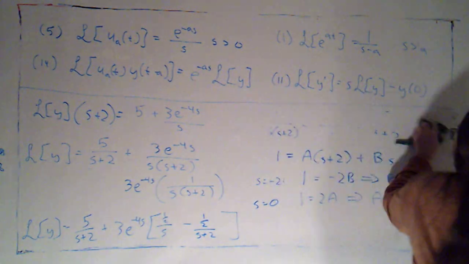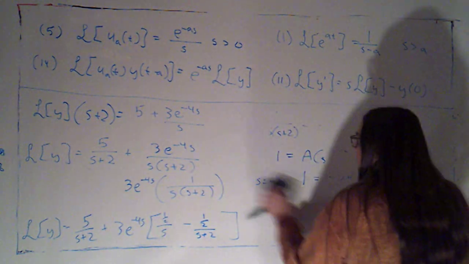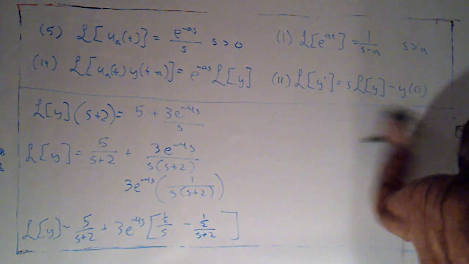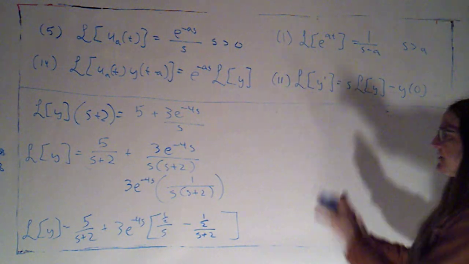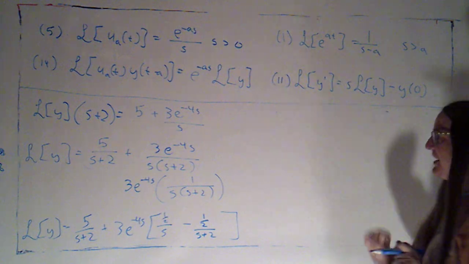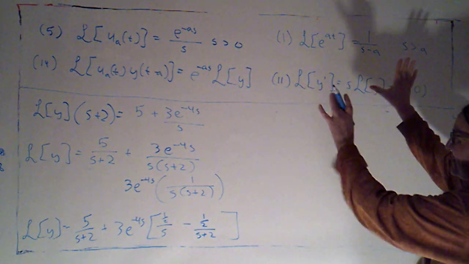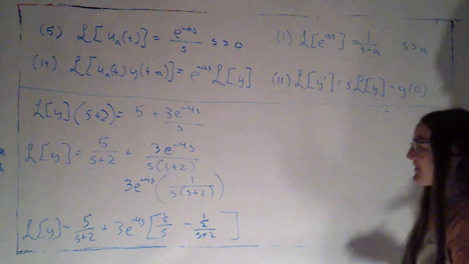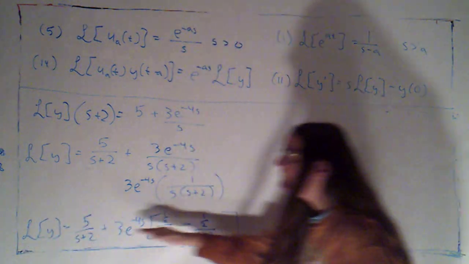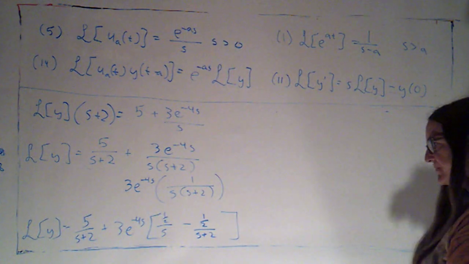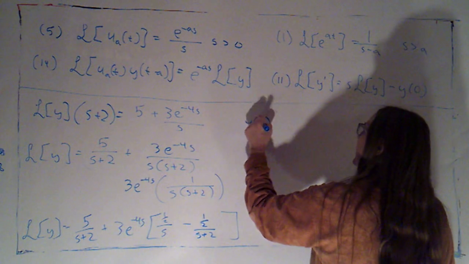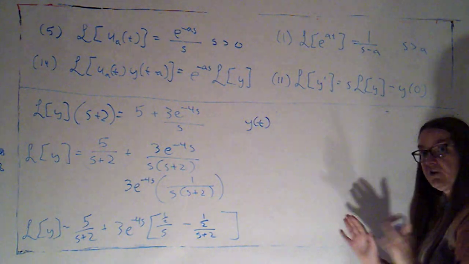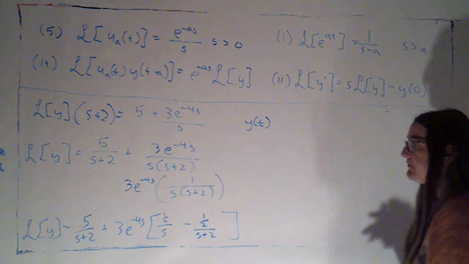Excellent. So now I've got the pieces set up so that hopefully they're going to match these formulas kind of nicely. I can apply the inverse Laplace transform to each side. When I do that, I'm going to get y of t, the original function of t that I was looking for.